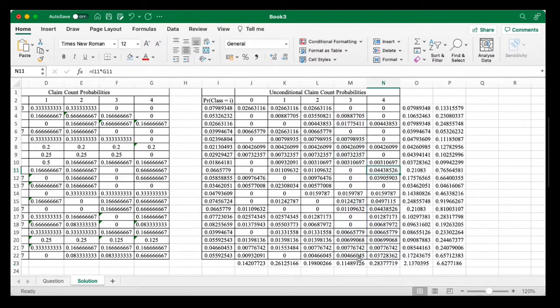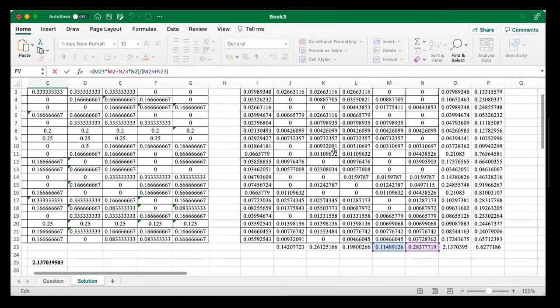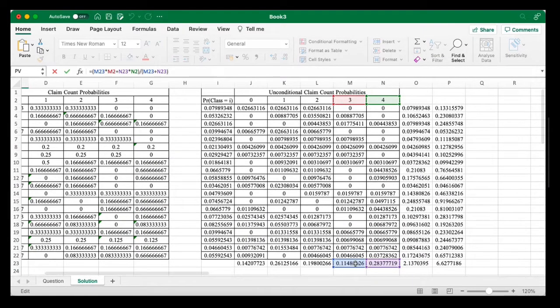The addition of these two values is the denominator of the formula, while the numerator is the expected value, so we need to multiply the probability of 3 claim counts by 3 plus the probability of 4 claim counts multiplied by 4.